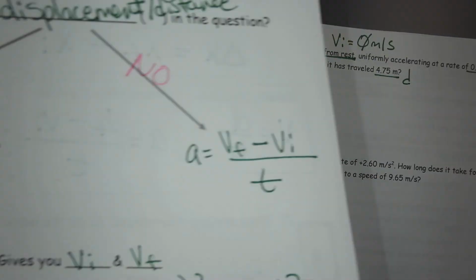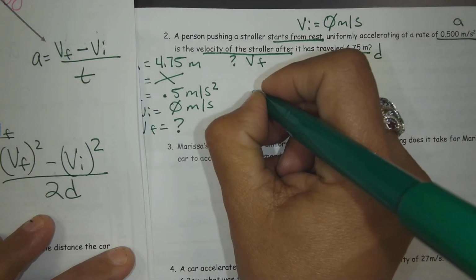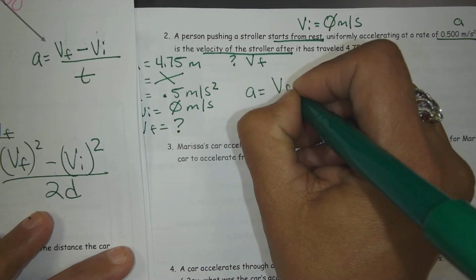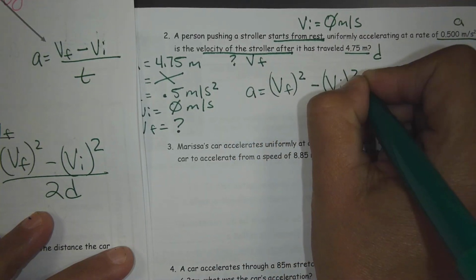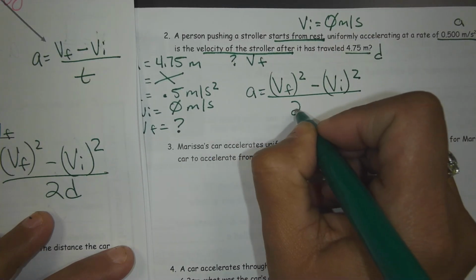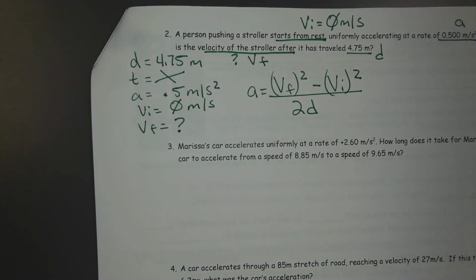No. This is my equation. Let's just write it down. Let's follow the flow chart. VF squared minus VI squared over 2D. Follow the flow chart and write that equation.